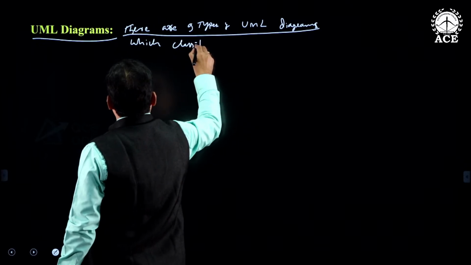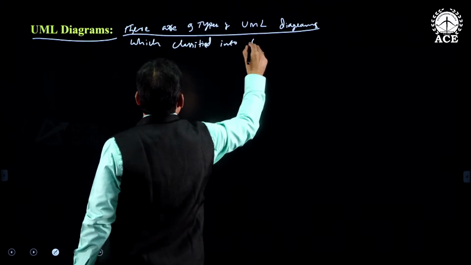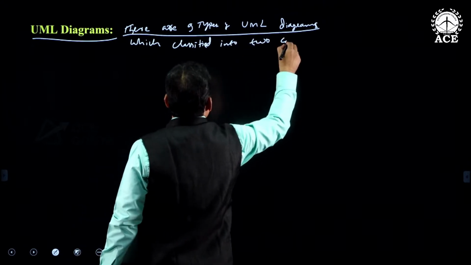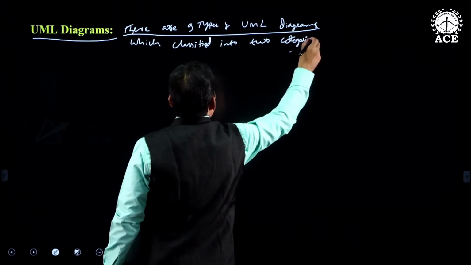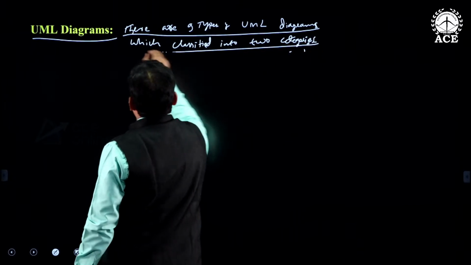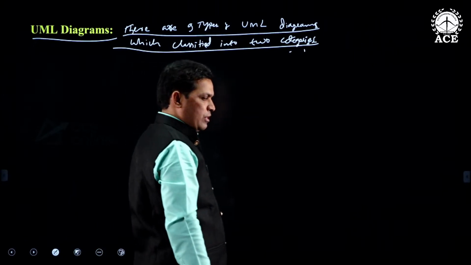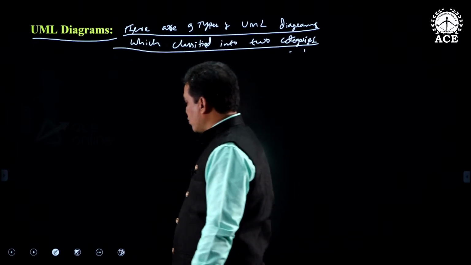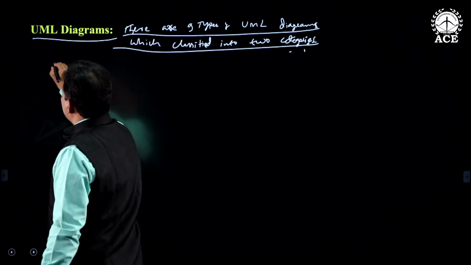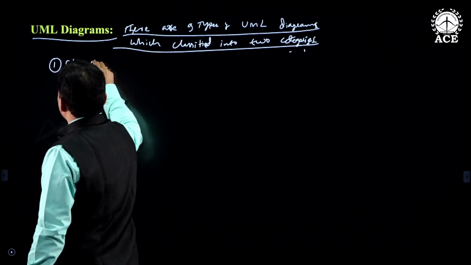What are those 2 categories? Let's identify. UML diagrams are of 9 types, classified into 2 categories. The first is structural diagrams.